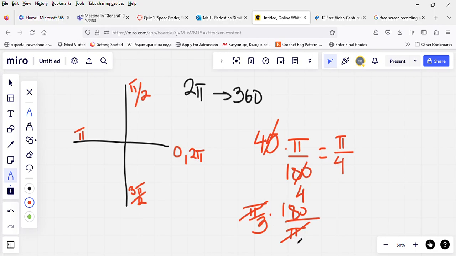And that is 60 degrees. Now, as easy as that might look, I want to see the work on your homework: how you're doing it, what you're multiplying by, and so on. I think this is the most important thing this week.